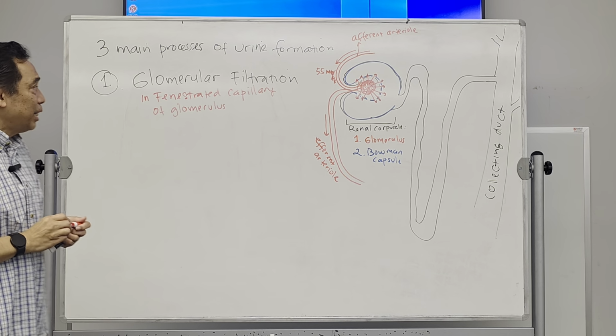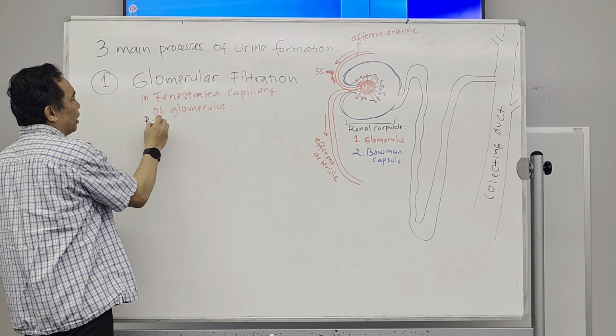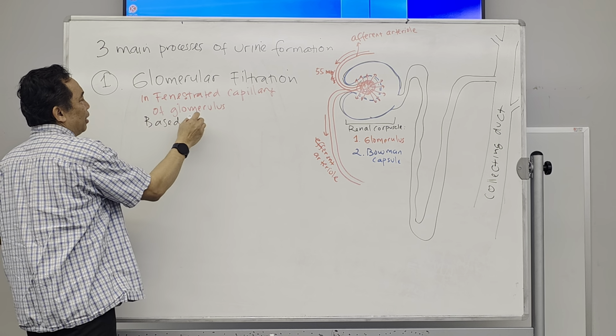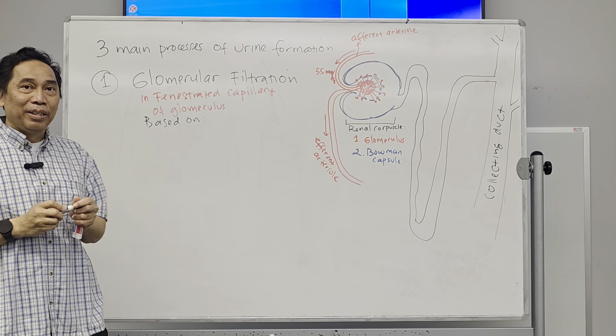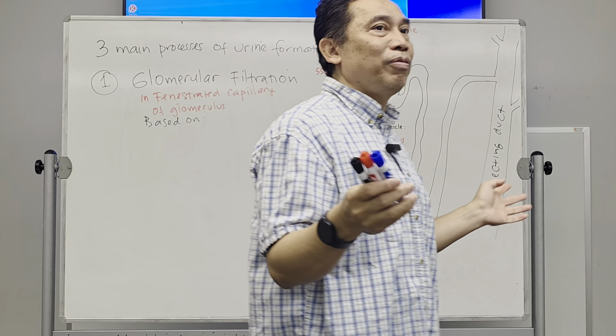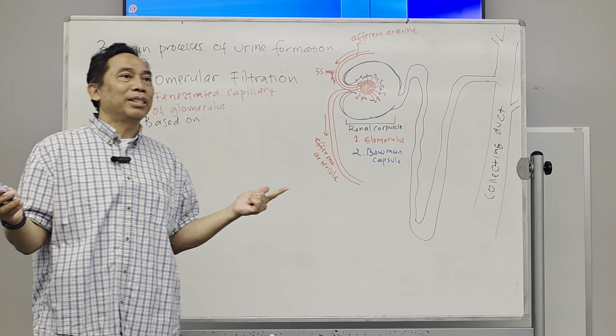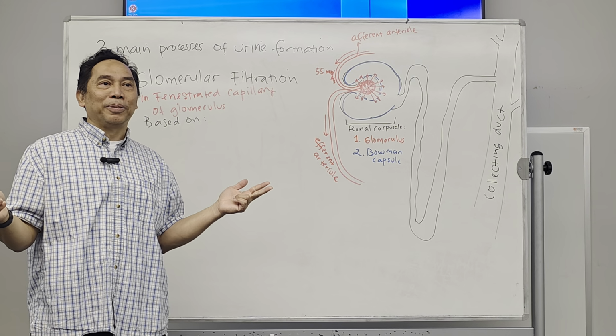Now, remember last time we mentioned that this filtration is only based on what? Anybody still remember? Based on what characteristic of the molecules? The importance, the size, or other characteristics?